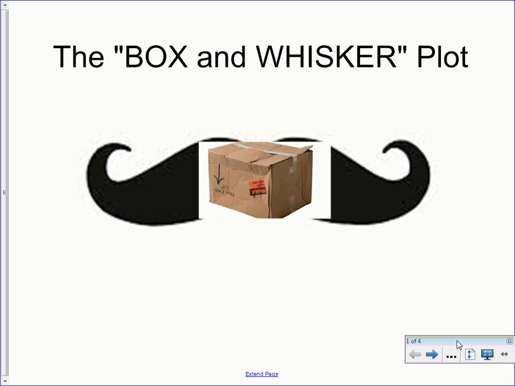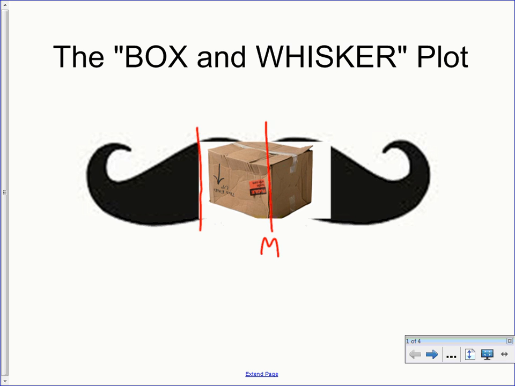So using the quartiles and the interquartile range, we're going to make a graph called a box and whisker plot, or just a box plot. And it has a funny name, but in a way, it's fairly simple. It has 5 pieces of information on it. It has the median, which is in the middle, as it usually is.